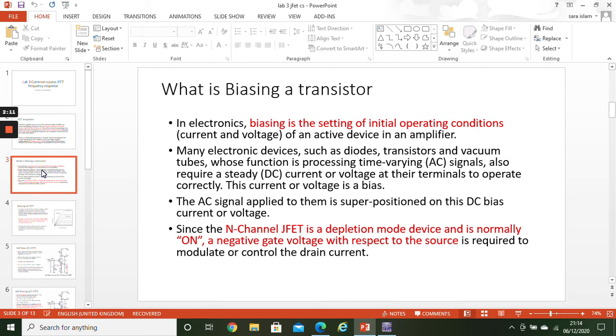For amplification, we want our transistor to be in saturation mode. To trigger its saturation mode, we initially supply it a DC voltage. That DC voltage sets your transistor to saturation mode. Then we superimpose an AC signal on that DC voltage and amplify it, so we convert it into an amplifier by initially biasing it. So biasing itself is applying a DC voltage.